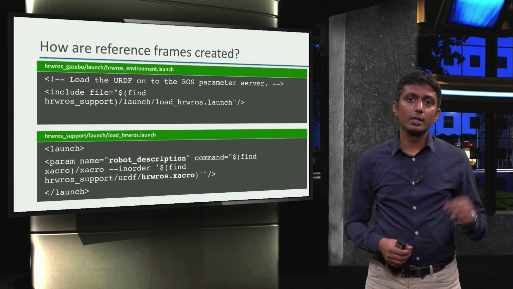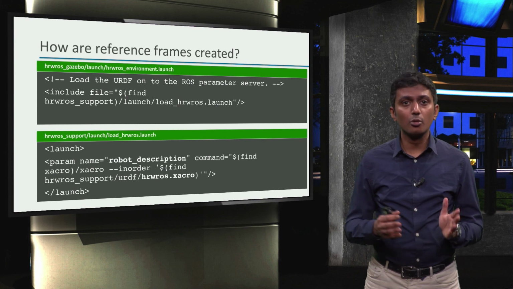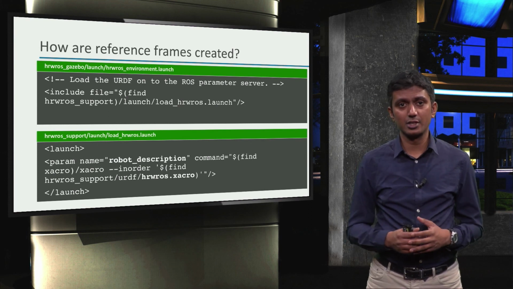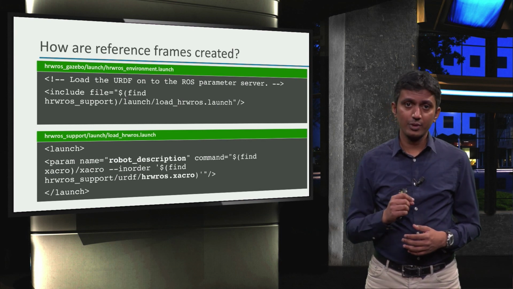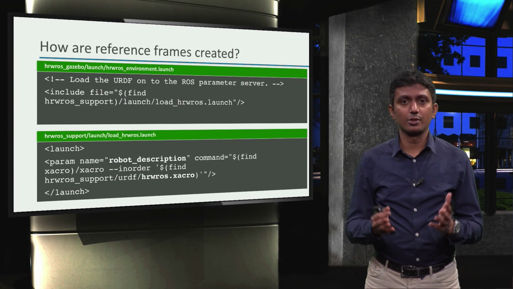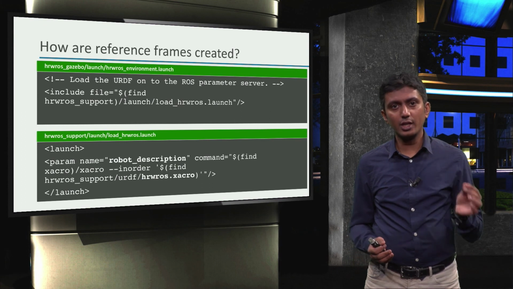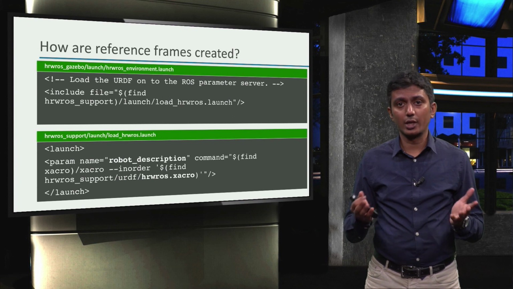And in the load_hrwros.launch file, we have the parameter robot_description that gets updated with the URDF elements via the hrwros.xacro file. Recall also from week 2 that URDF basically defines your environment geometry. In other words, we use URDF to define where different objects in our environment are located with respect to each other.